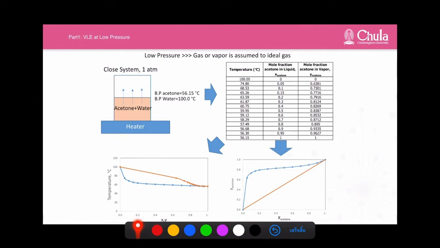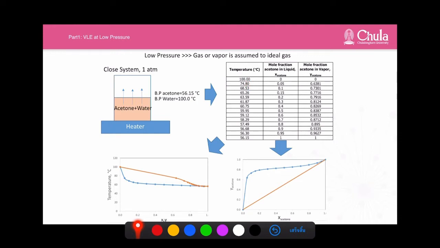And if we adjust the mole fraction of acetone in liquid phase to be 0.05, in this equilibrium, the mole fraction of acetone in vapor is 0.6381, and the boiling point of this system is 74.8 degrees Celsius.